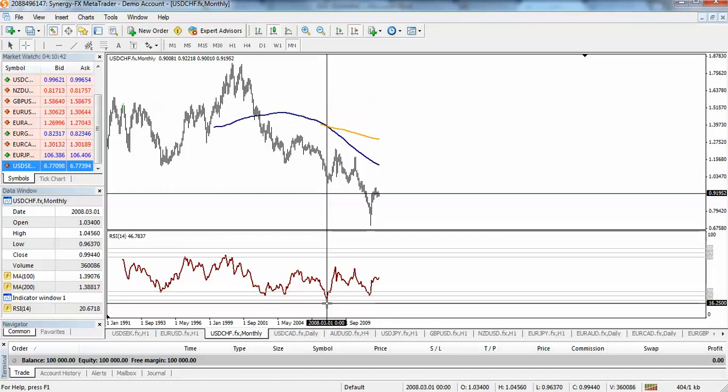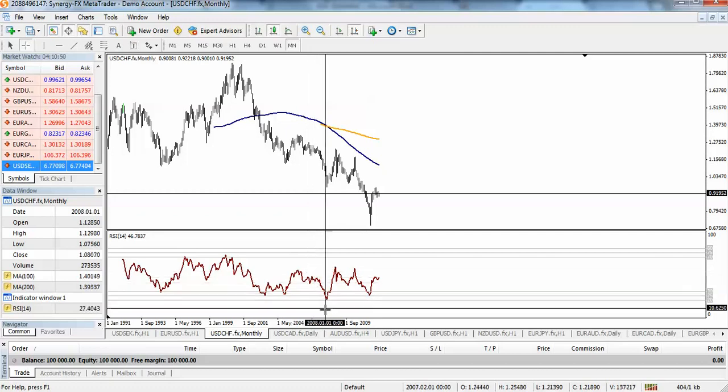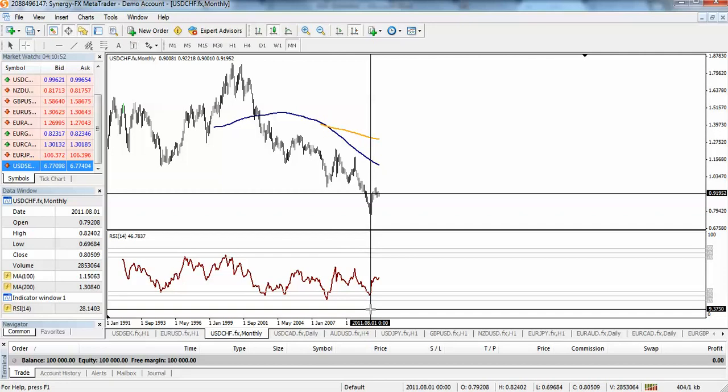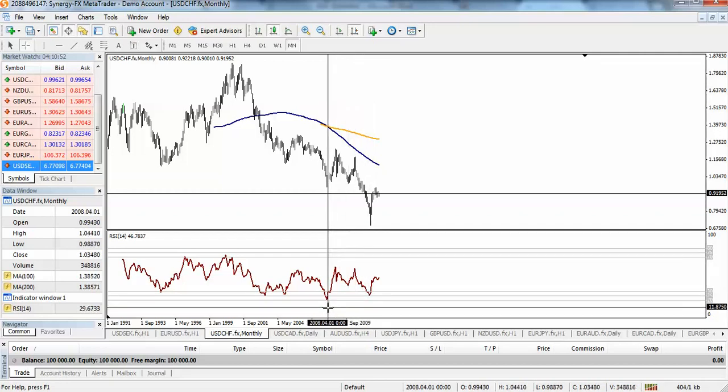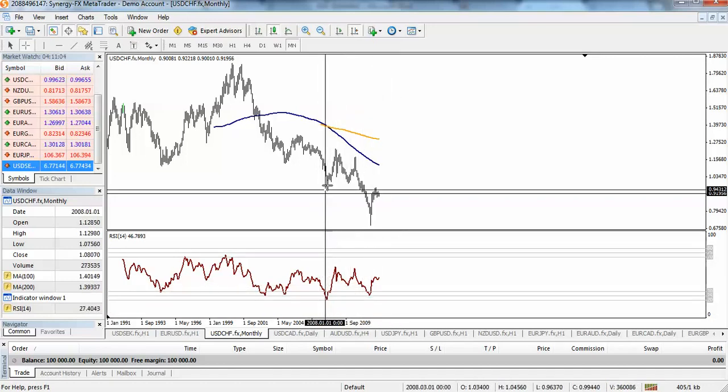And we also have been in strongly oversold territory for quite some time. This move did see a push all the way down to 20 for the RSI, which is pretty big for monthly charts. You don't usually see oversold conditions at that level for monthly charts. And as you can see, we closed lower in price.